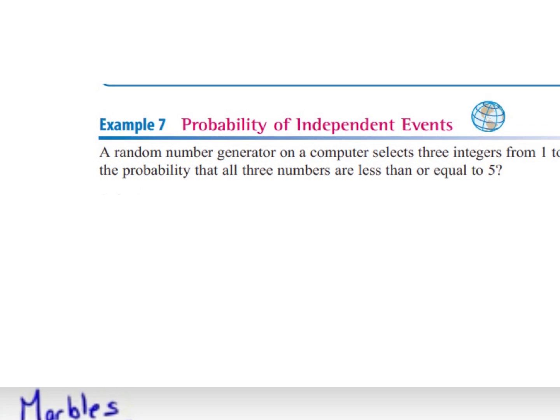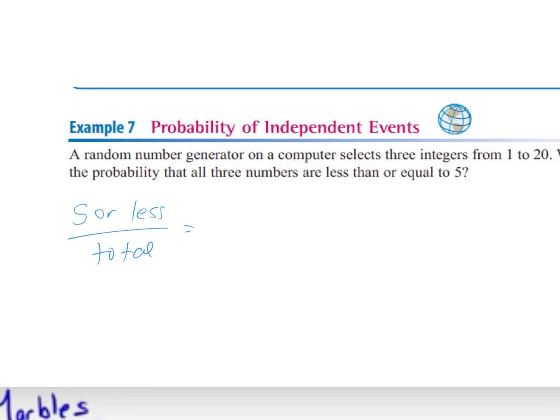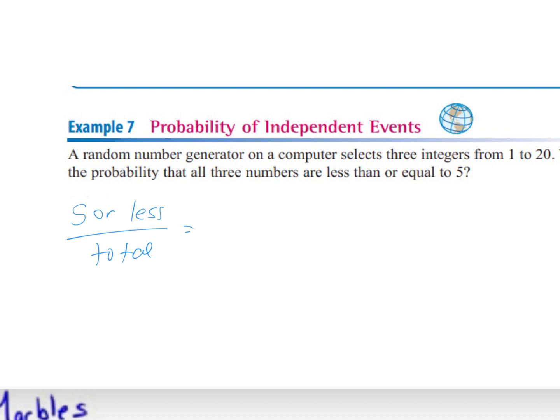So first of all, what do we want? 5 or less out of the total. So what's the probability that one of them is 5 or less? How many numbers do we have?